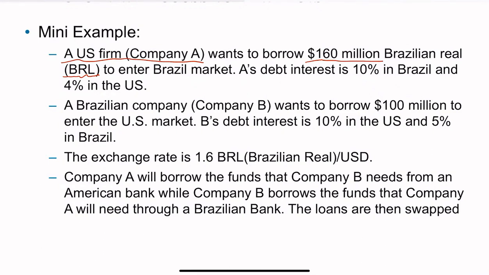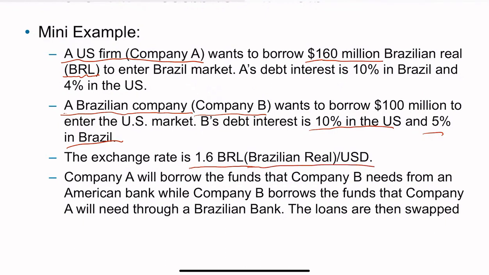Okay, now we have the other firm, a Brazil firm, let's say this is firm B, which wants to borrow $100 million to enter the US market. So B's debt cost of capital is 10% in the US and 5% in Brazil. And let's say the exchange rate is always 1.6 BRL per USD.